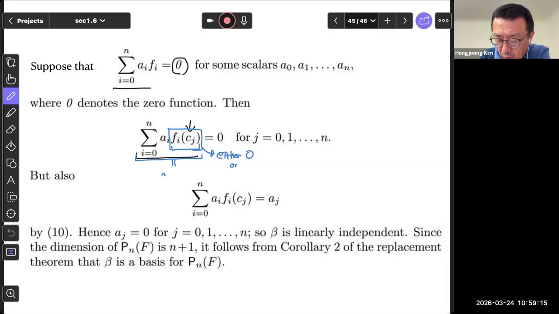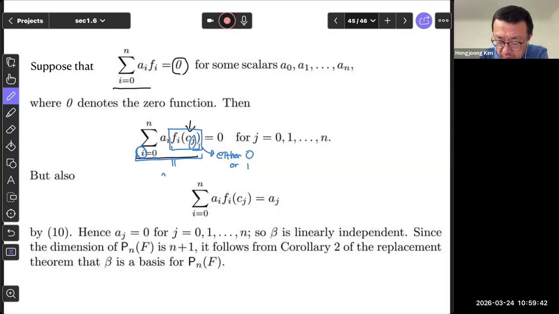When is it 0? If i and j are different, the value is 0. If i and j are the same, the value is 1. So when i goes from 0 to n, at some point, this i will be the same as j, right?